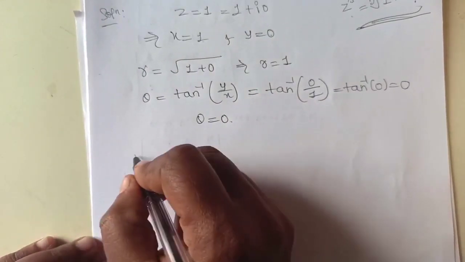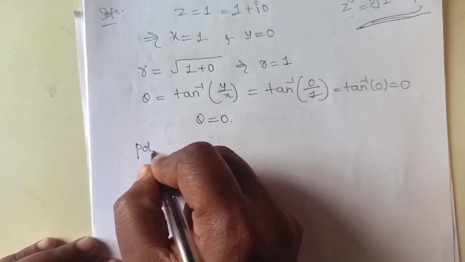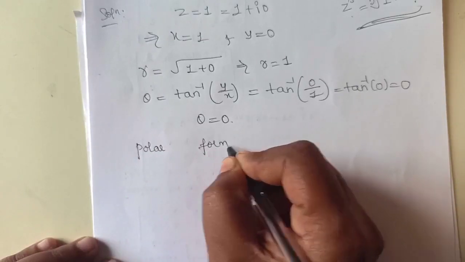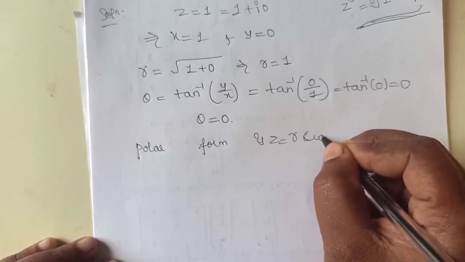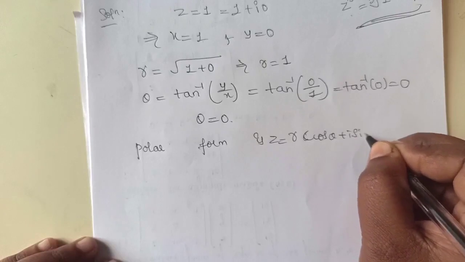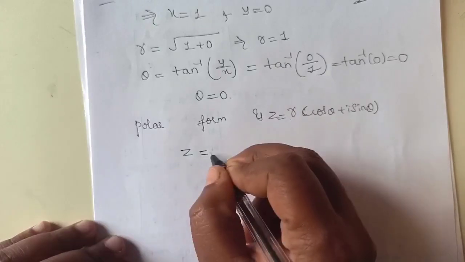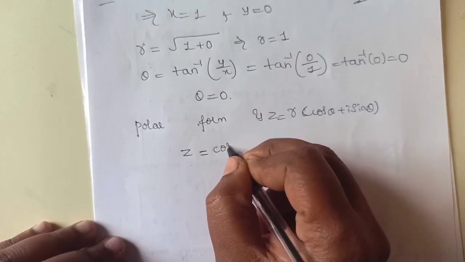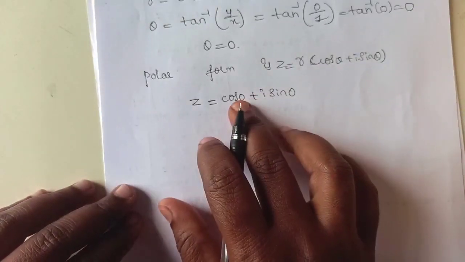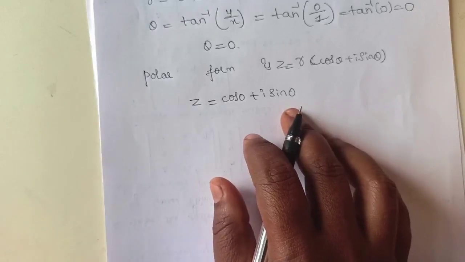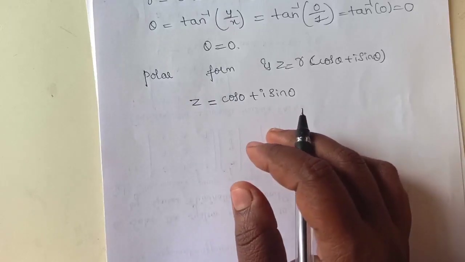Now we want to represent it in polar form. The polar form is z equals r into cos theta plus i sin theta. Here r is 1, therefore we get z equals cos 0 plus i sin 0. Now the next step is to replace theta by 2n pi plus theta.